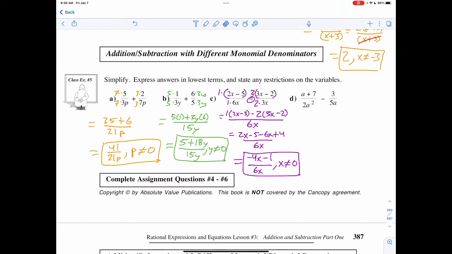For example D, between the 2 and the 5, the denominator is going to be 10, which means that I need to multiply the first set by 5 and the second set by 2. But I also see that this one has an a squared and this one only has an a, which means that I need to add in the second fraction the missing a.